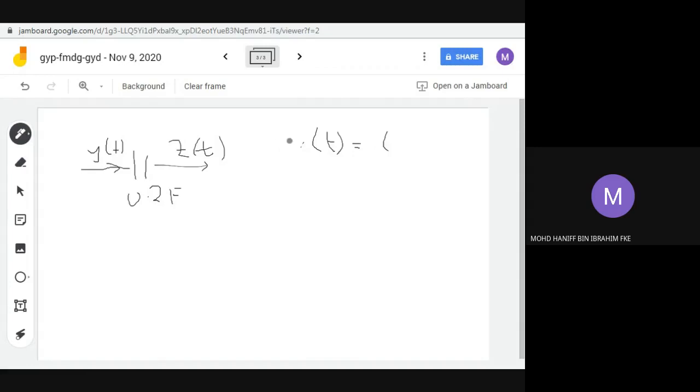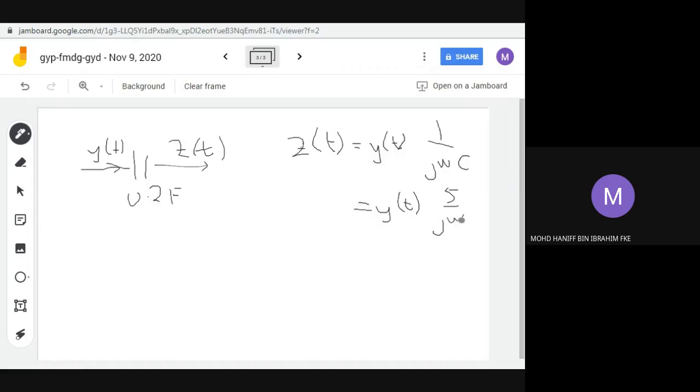Your z(t) here, which is the voltage, will equal the current, which is y(t), multiplied by the capacitive impedance, which is Xc, or I can simply use 1 over j omega C. Since C is 0.2 farad, we have y(t) multiplied by 5 over j omega.